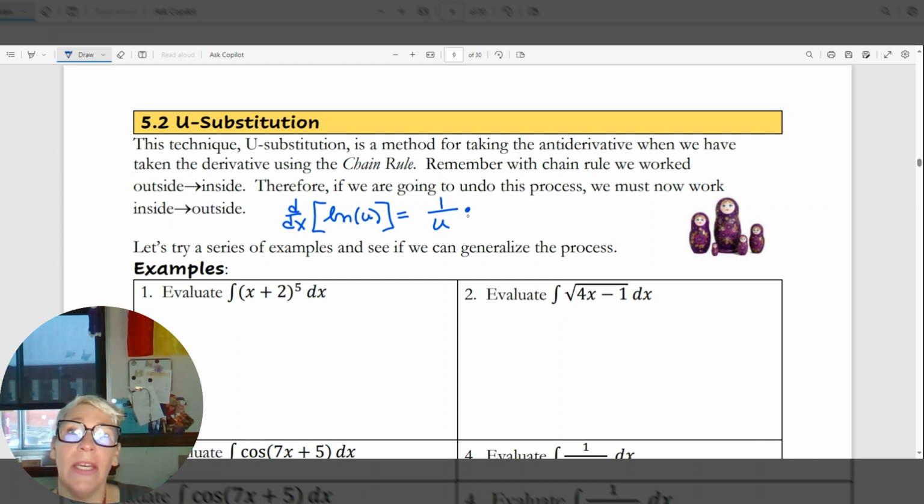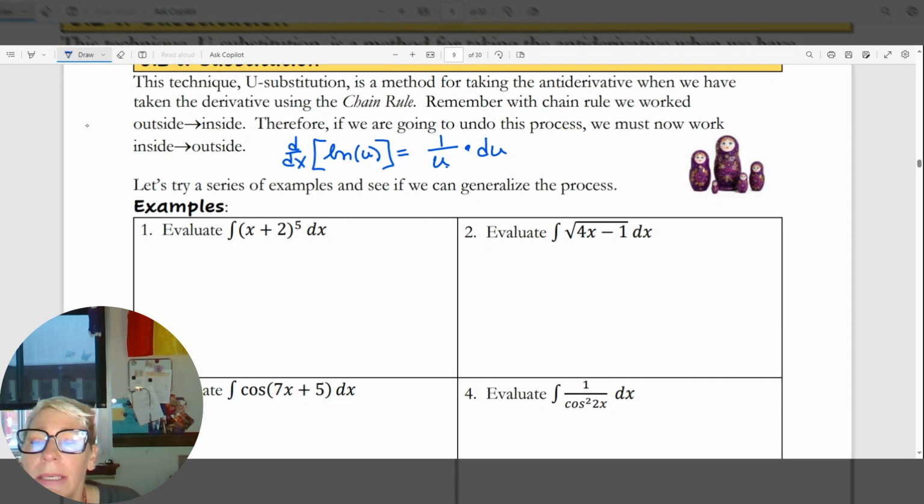And then we chain ruled on the derivative of that u. So since we're doing the chain rule in reverse, what we're going to be doing is looking then for a u and a du, and then work that process back in reverse to find the function whose derivative we have in terms of u. Okay, let's hang on to that idea. We're going to see that one in a little while again.